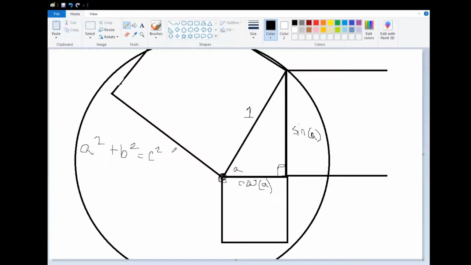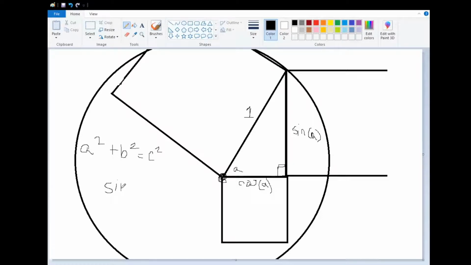Now, because sine is size agnostic, meaning it works for any size triangle, this will actually lead us to one of the identities.